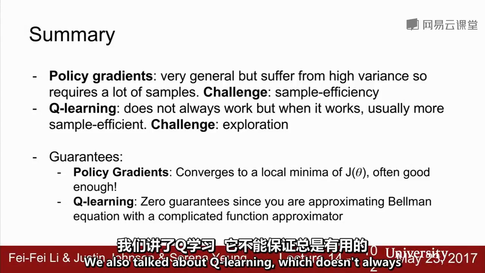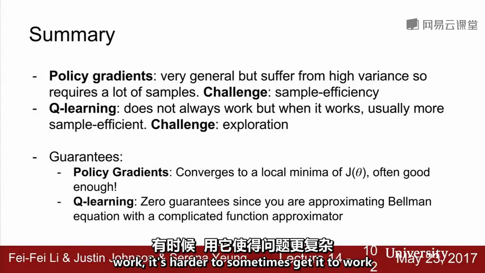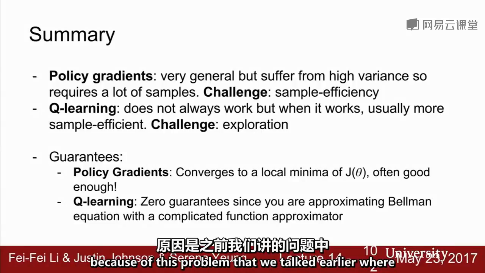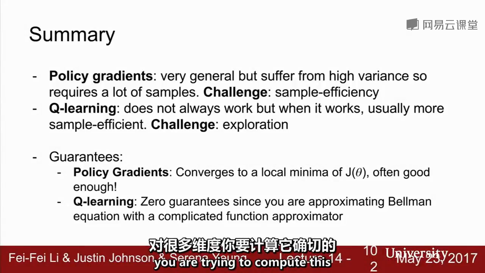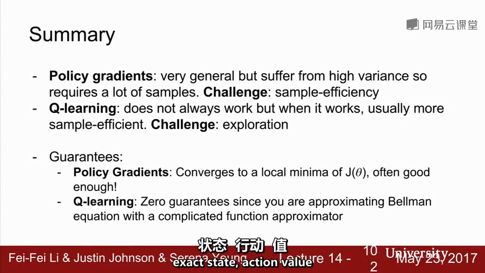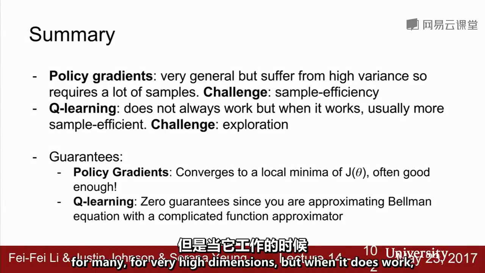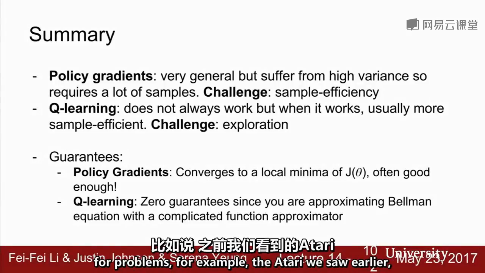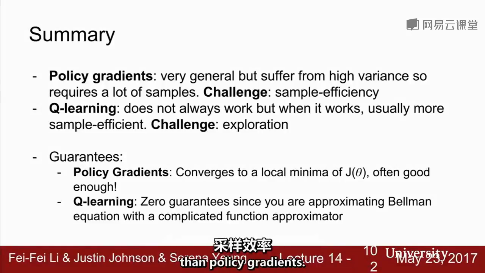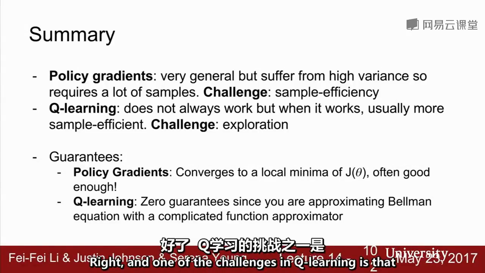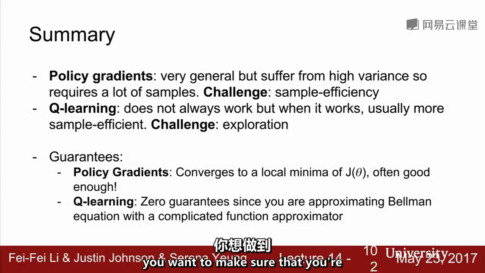We also talked about Q-learning, which doesn't always work. It's sometimes harder to get it to work because of the problem we talked about earlier, where you are trying to compute this exact state-action value for very high dimensions. But when it does work for problems, for example the Atari that we saw earlier, it's usually more sample efficient than policy gradients. And one of the challenges in Q-learning is that you want to make sure that you're doing sufficient exploration.